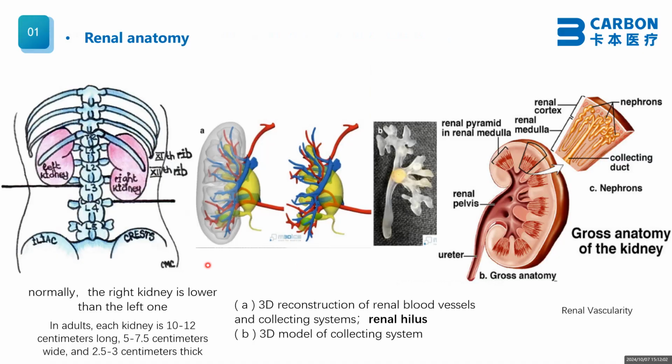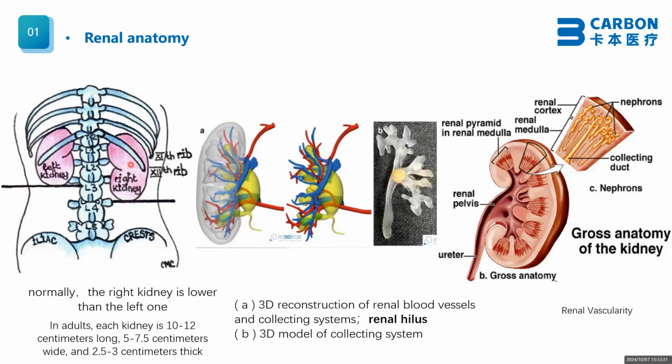And then from this picture we can also see other structures, like from back view, there are ribs, the 11th and the 12th ribs. And then the right kidney is a little bit lower than the left kidney.